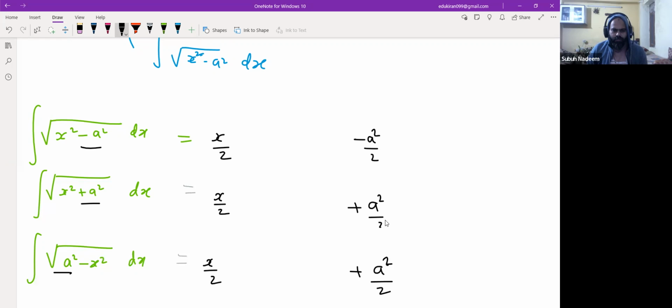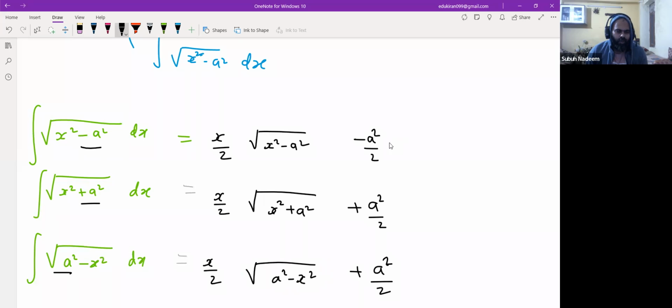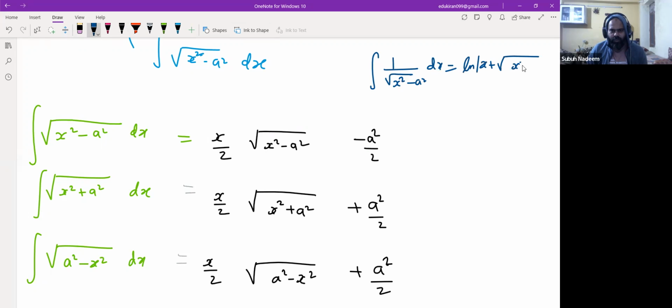Is it okay? Yes. And then this part will be root over x square minus a square as it is the question one. Root over x square plus a square as it is the question part. Root over a square minus x square as it is the question part. And then the second part will be multiplied. If you remember that root over x square minus a square, if it was in the denominator, we studied this formula earlier, then its integration was log of mod of x plus root over x square minus a square.